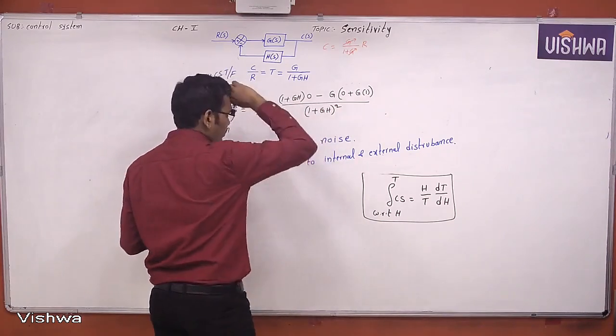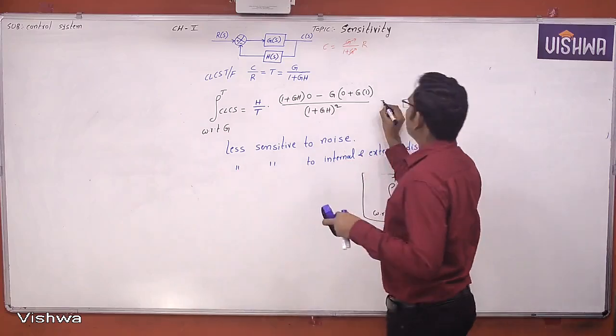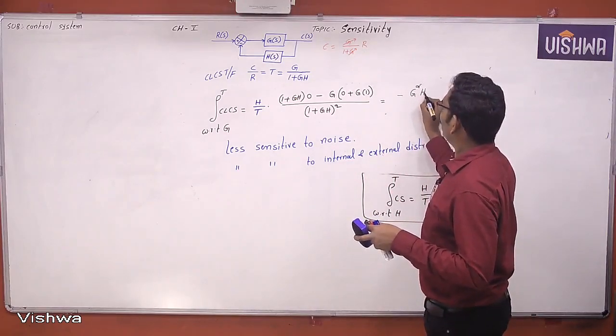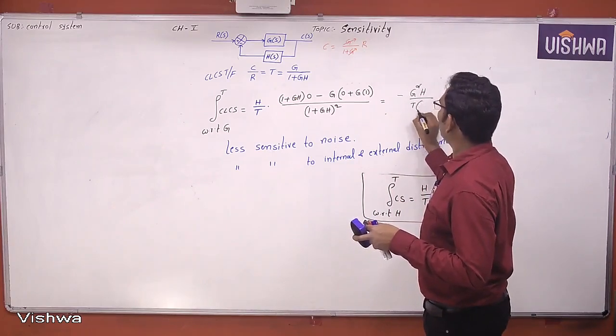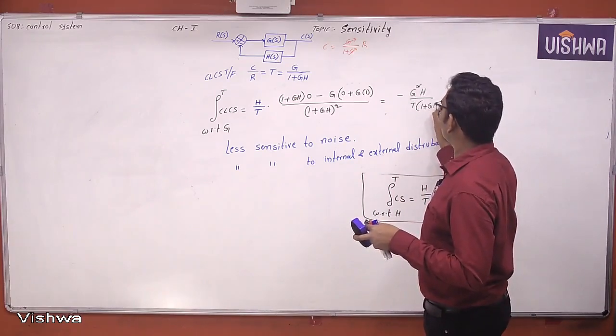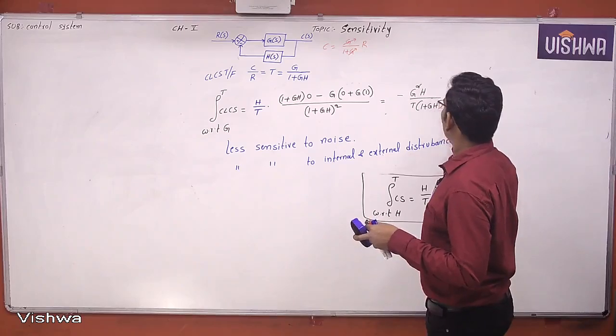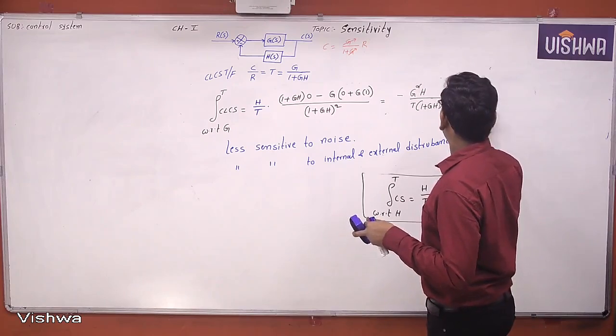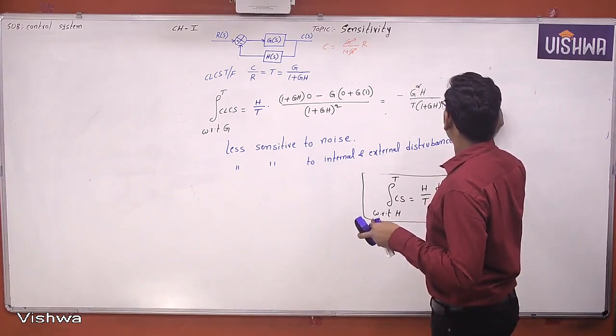Therefore this is anyway 0. So finally the answer is minus G square into H by T into 1 plus GH, so minus G square H by 1 plus GH.